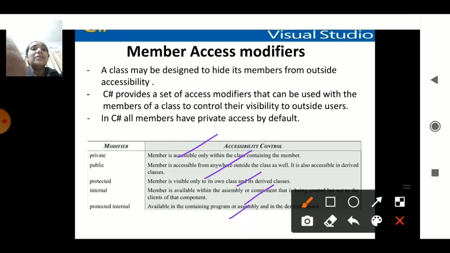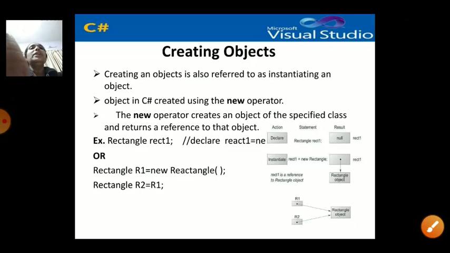Internal means you can call and access data from one assembly to another, like from a VB assembly to a C# assembly. Protected internal means access within the one assembly. These are your access modifiers.